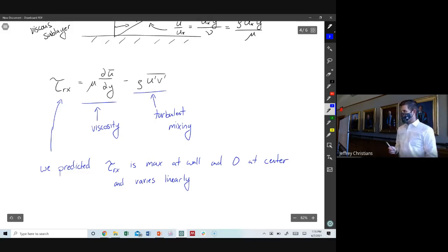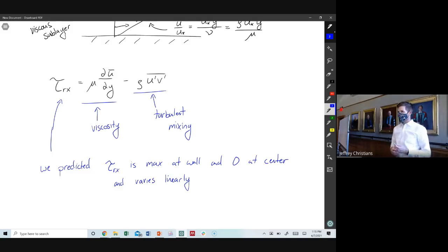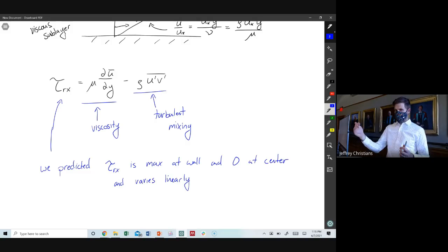So you don't need to remember all of these individual points, but a little while ago, I can't remember if it was Monday or Wednesday of last week, we predicted that tau should vary linearly with radius, where it's 0 at the center, there's no shear stress at the center, again, on average, and it's maximum at the wall.